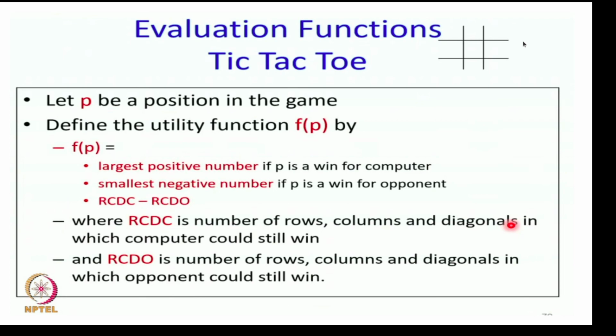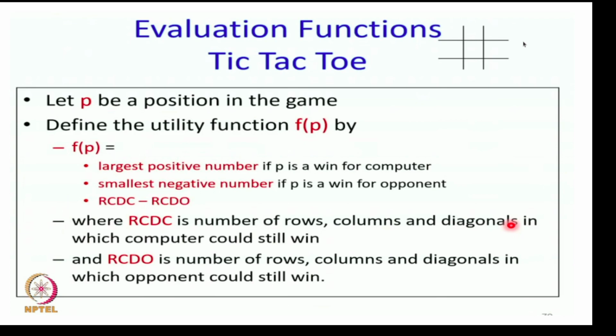So this is how they have defined it here. Utility function is equal to RCDC minus RCDO, where RCDC is the number of rows, columns, and diagonals in which the computer could still win from the situation, right? And RCDO is the number of rows, columns, and diagonals in which the opponent could win. You are just taking the difference between these. So whatever I told, it is the same.